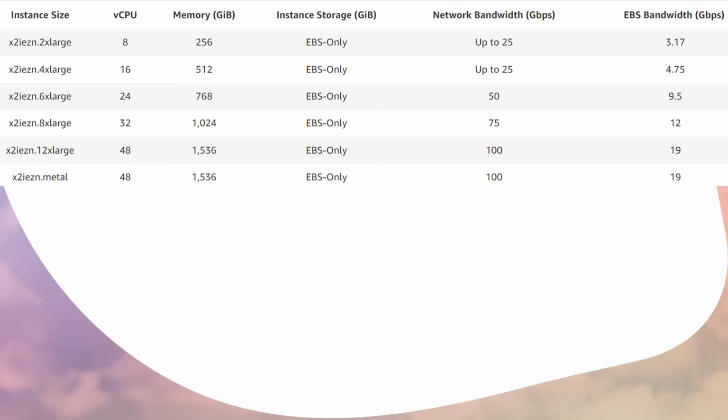So roughly the same vCPU and RAM ratio, which we really like, but the X1e 2X large only had 1 gigabit per second of EBS bandwidth. We're talking 3 times the bandwidth on this new family. So if you are going AWS and you are Oracle processor-based licensing, this is definitely an option I would encourage you to take a look at.